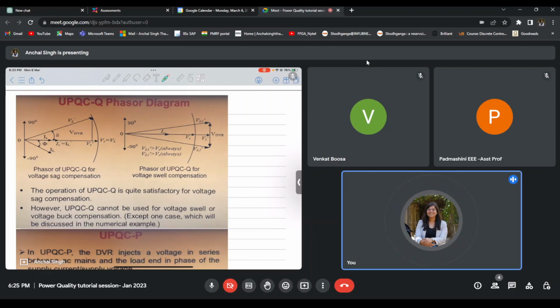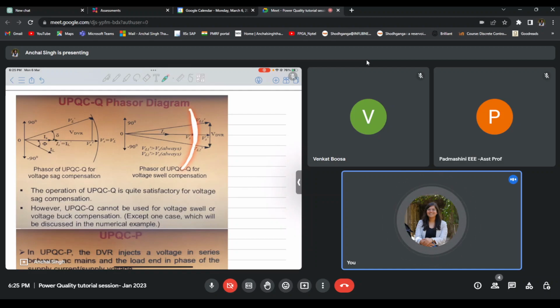Whereas if my voltage exceeds beyond the level that I want, then using the DVR I am unable to compensate for the voltage swell condition. Here, if Vs' was my voltage, which is the swelled up voltage, I want to reduce Vs' in such a way that my load voltage vector lies on this arc.